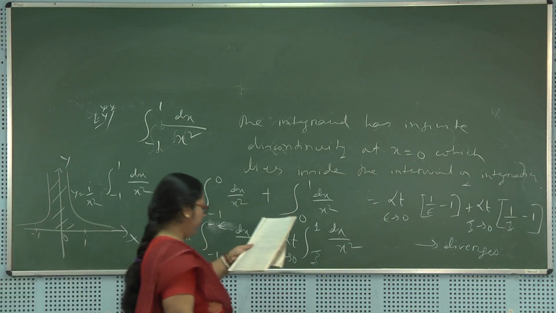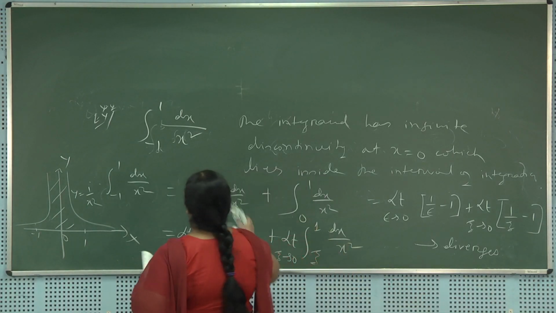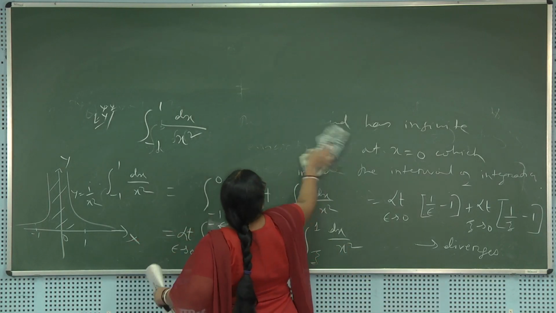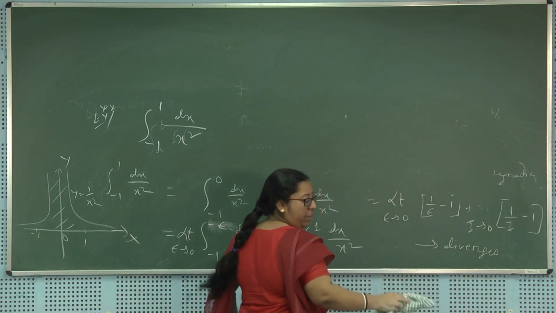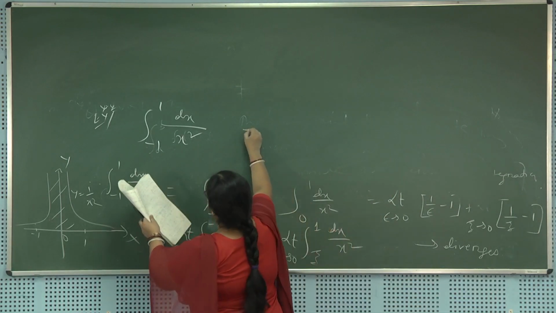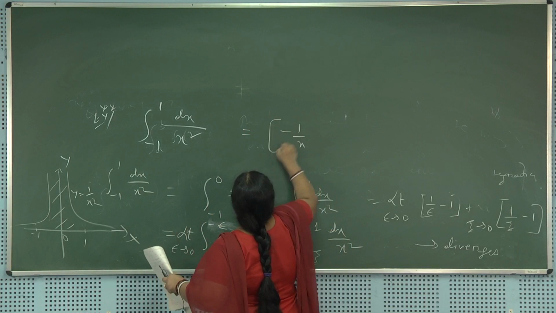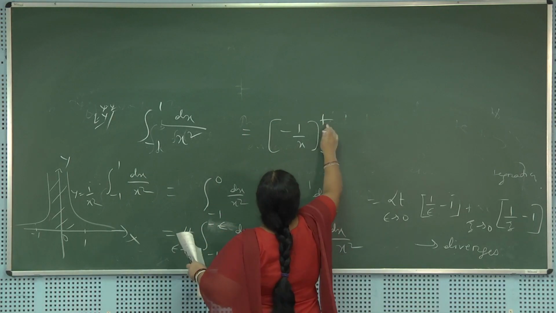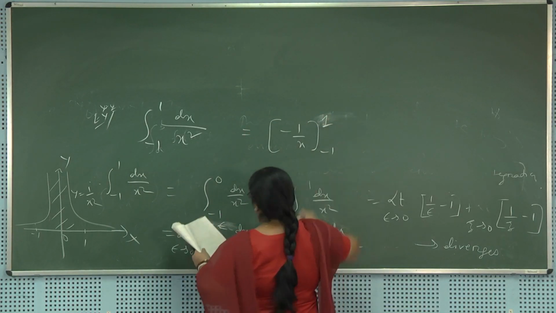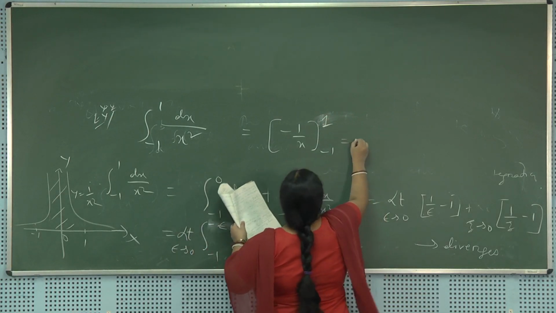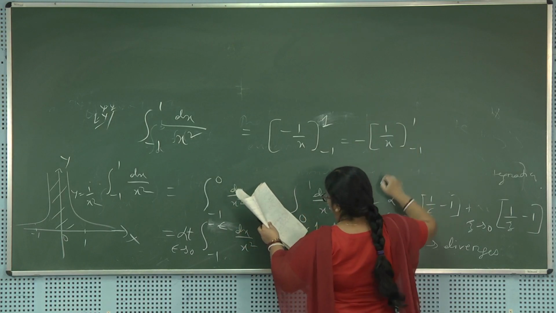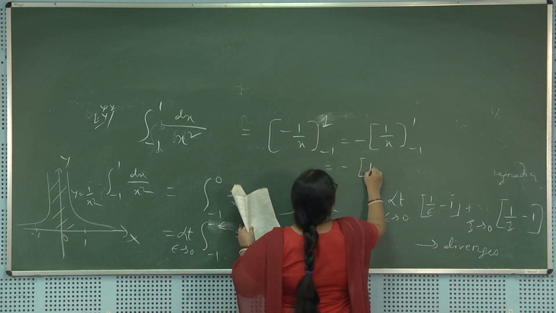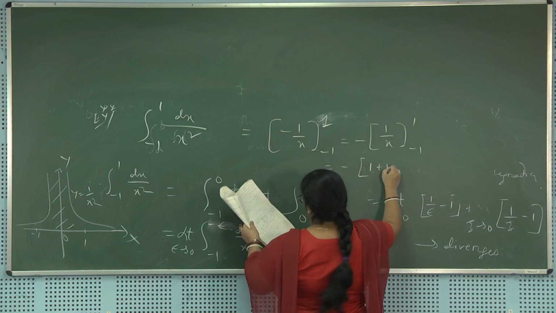But suppose we do not study the singularity properly, and as soon as you get it you try to work it out, what will happen? You will just say -1 upon x from -1 to 1. So, the minus will come up. So, it is 1 upon x from -1 to 1. So, this is 1 then plus 1.